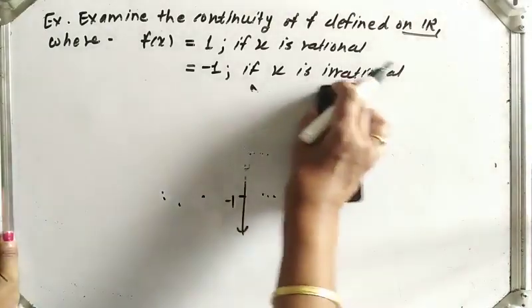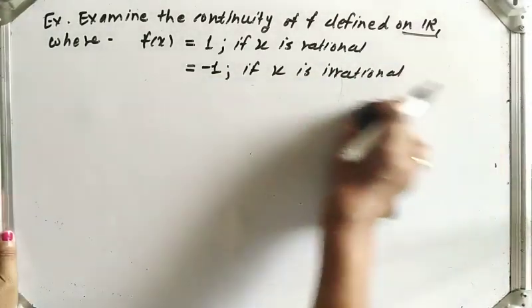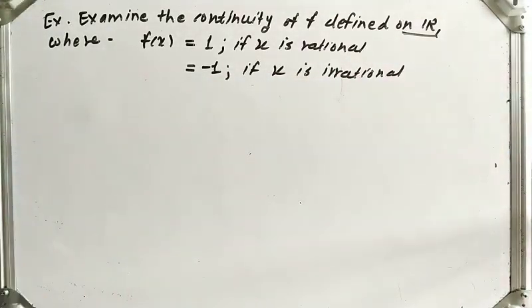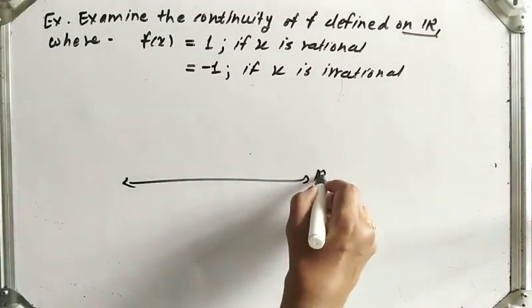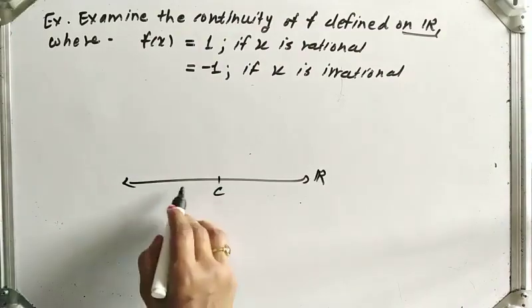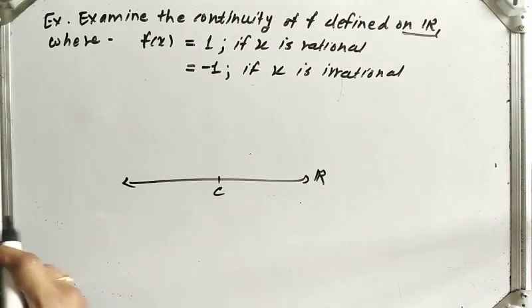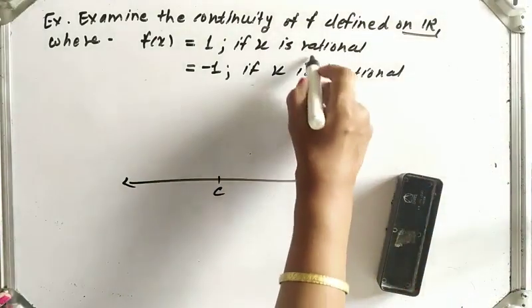We have to check whether the function is continuous or not. So let us take any number c in R and assume that c is a rational number.